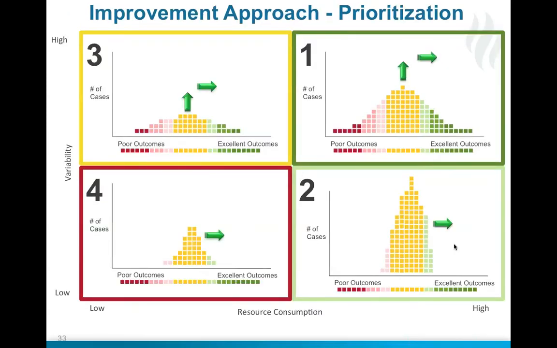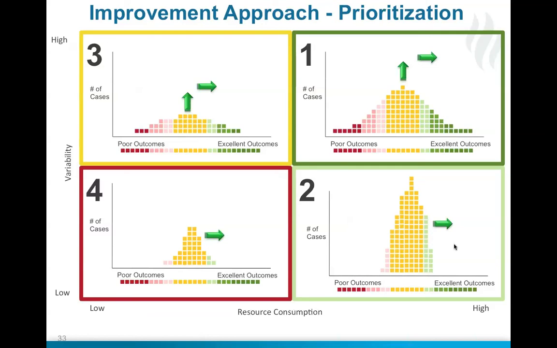We can think about which areas to focus on first in this 4-box matrix. We think about how many resources we are using to deliver the care across the continuum for a particular care domain, and then on the y-axis we put how variable the care is from provider to provider and location to location.